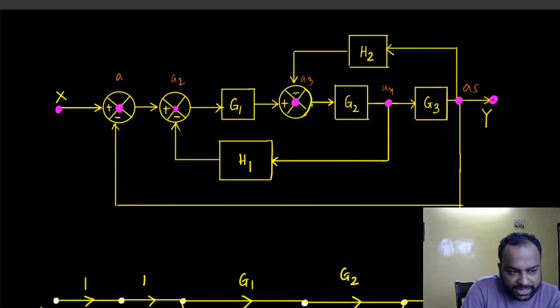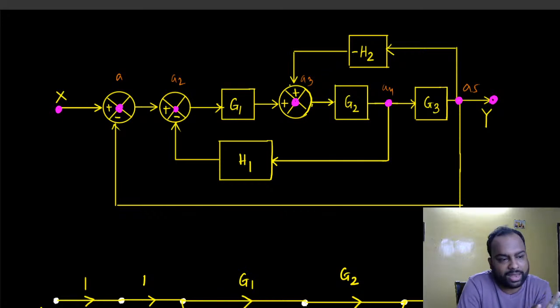If I put a plus sign here and a minus sign there, this is basically a summing point, and then this is a negative transfer function like that, right? So we are not violating any physics here.